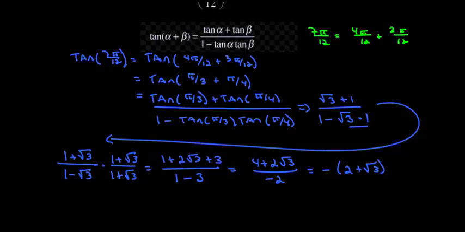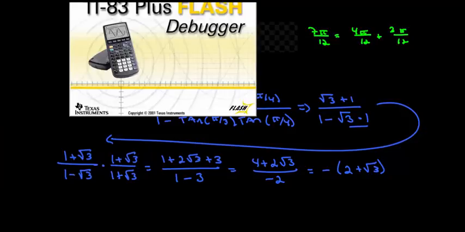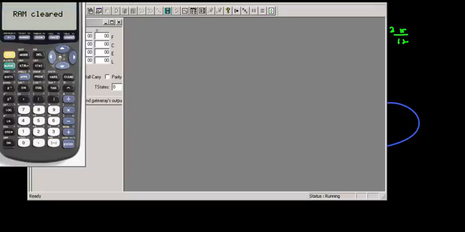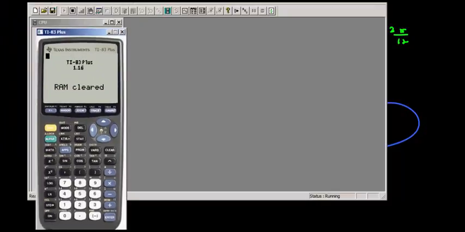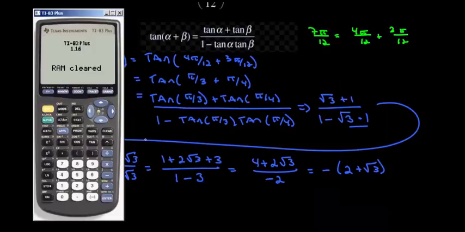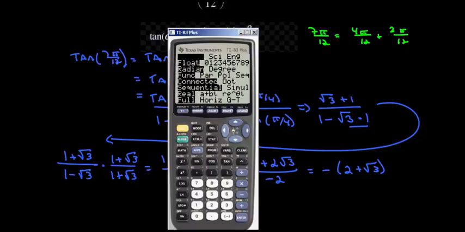Now we can check that value by grabbing our calculator. Now what I'm going to do is evaluate the actual tangent at 7 pi over 12. I'll make sure that I'm in radians, which I am.